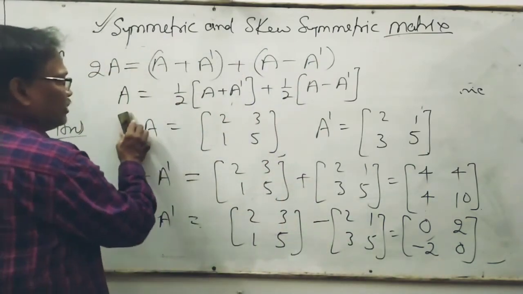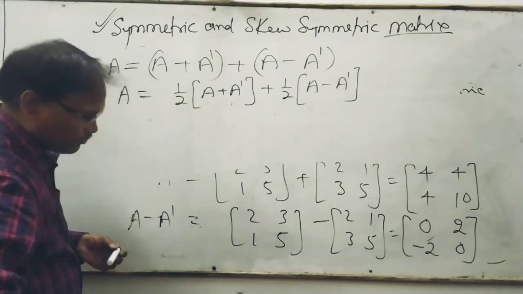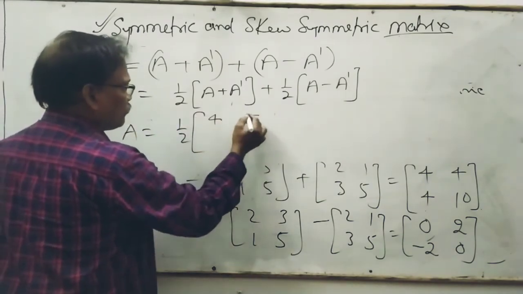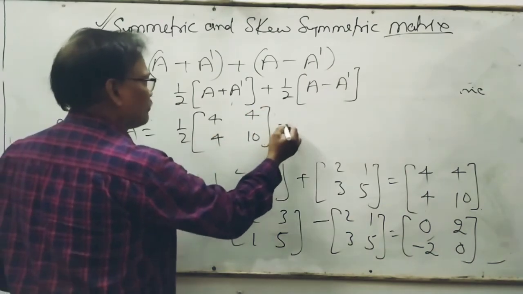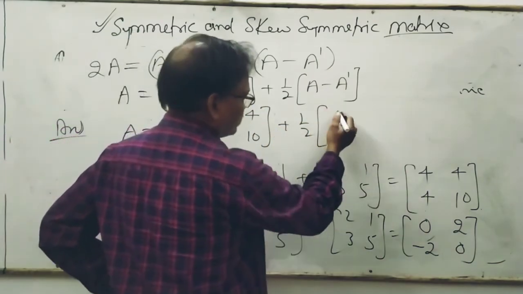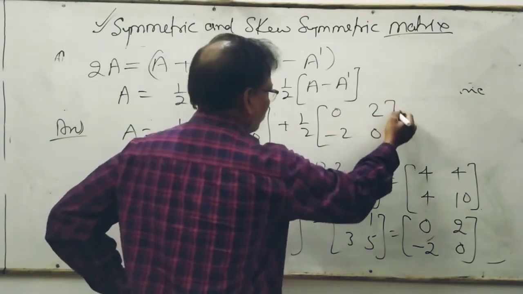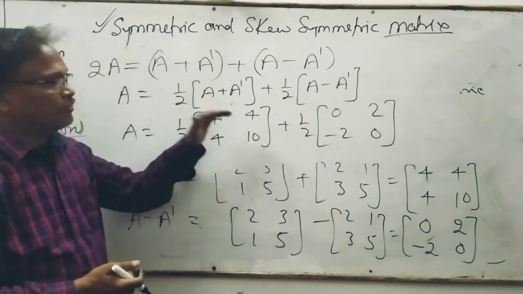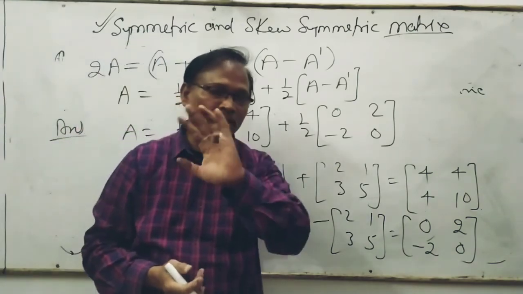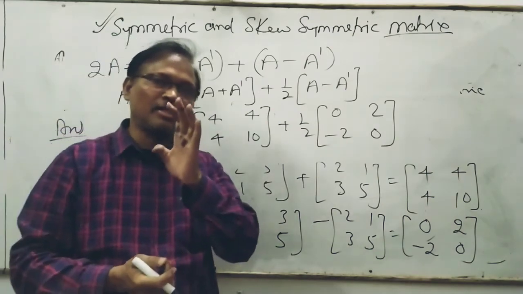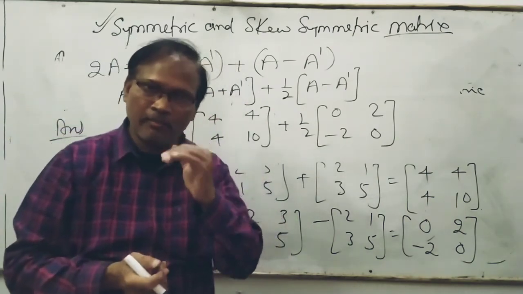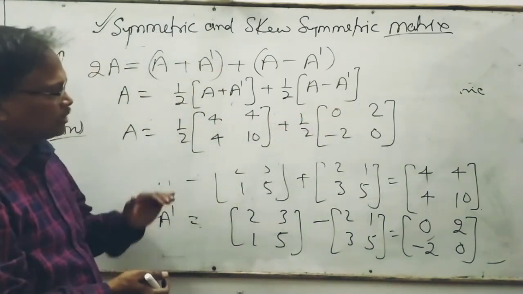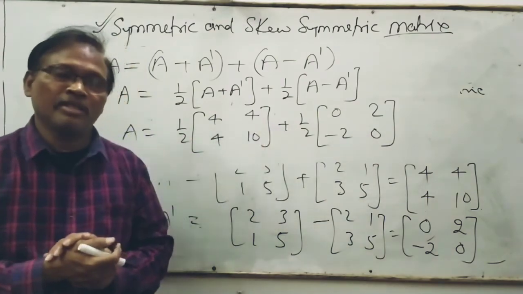So if you put the value of symmetric and skew symmetric, it will be A is equal to 1 by 2, 4, 4, 4, 10 plus 1 by 2, 0, 2, minus 2, 0. And don't solve further. Just leave it here. क्योंकि in the question it is only asking to express the square matrix as the sum of symmetric and skew symmetric. So no need to solve further. You have to leave the answer here. So this is the way.